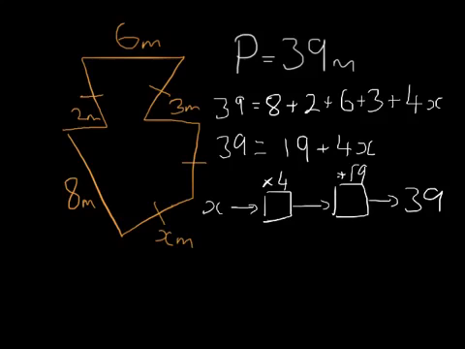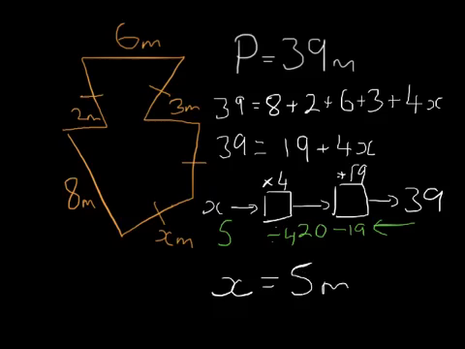If I work backwards, I'm going to take 19, so I'm left with 20, and then I'm going to divide by 4, and 20 divided by 4 is 5. So x equals 5 meters.